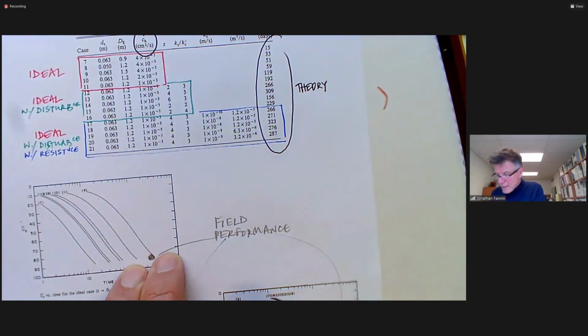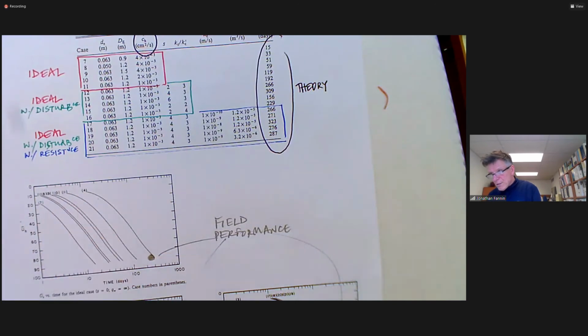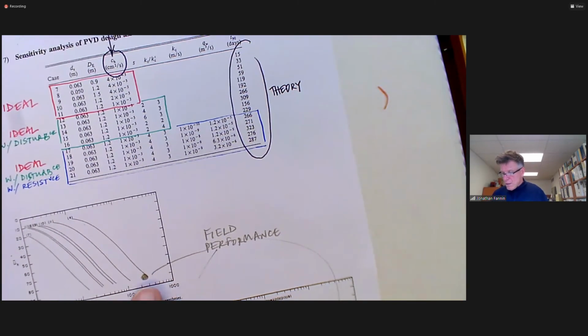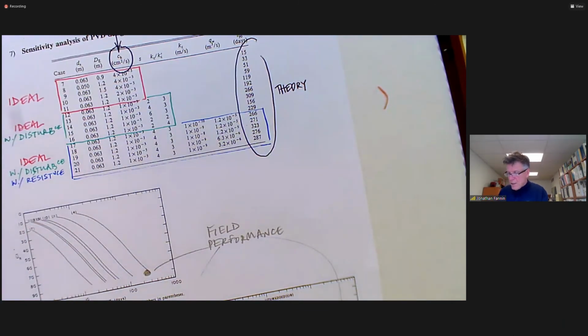And therefore practice tends to monitor the settlements and make sure from settlements that you're getting what you expect as you progress through the consolidation settlement. So that's what I wanted to say about PVDs.